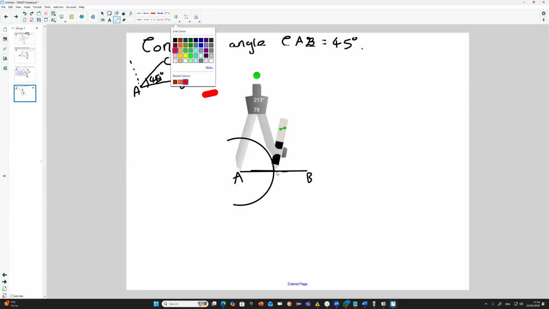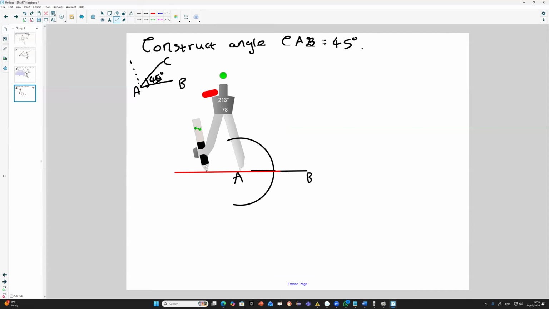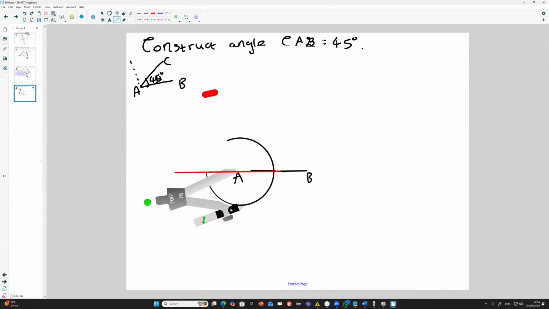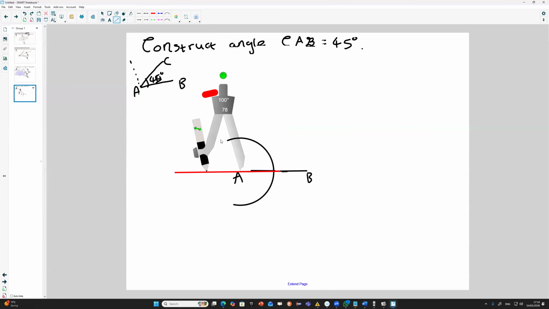There you go. So leaving my compass at the same level, I'm going to draw an arc on the other side. Again, it's not letting me draw the arc. Let me open that up to a different angle.